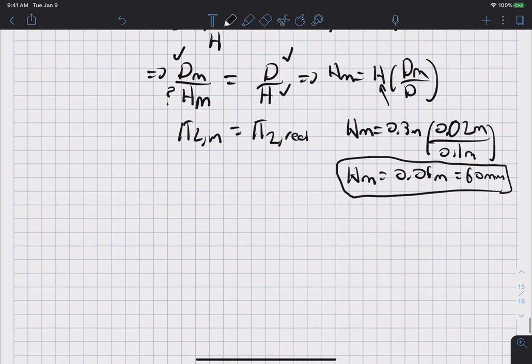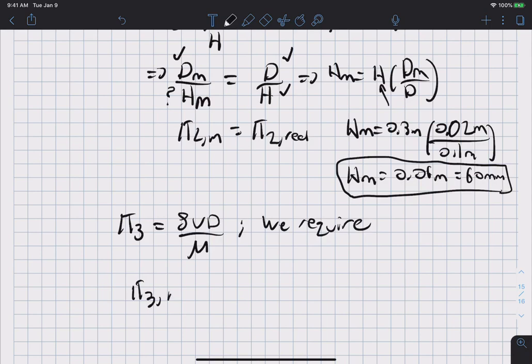And now we have pi 3, and pi 3 is equal to the Reynolds number, so that's rho Vd over mu. And we require that pi 3 of the model is equal to pi 3 of the real object.